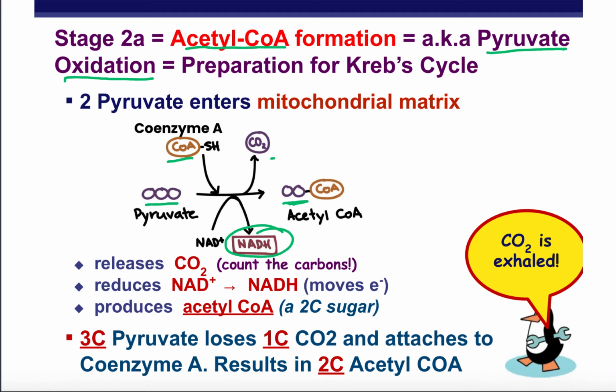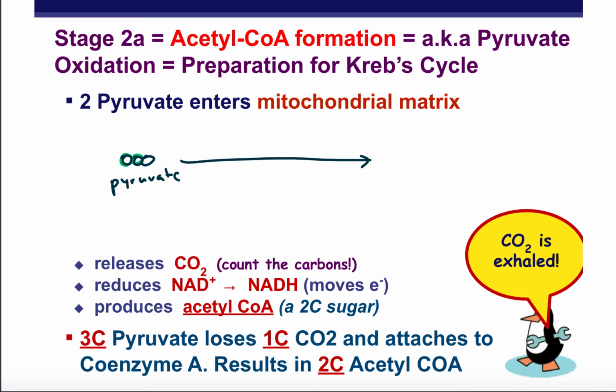So that's a lot of information to remember. You don't need to memorize the amounts, but very helpfully, you just want to remember each pyruvate as it enters becomes acetyl-CoA, which only has 2 carbons. That coenzyme A had to come in somewhere, so it's going to come in. And because we lost 1 carbon, a carbon dioxide has to leave.